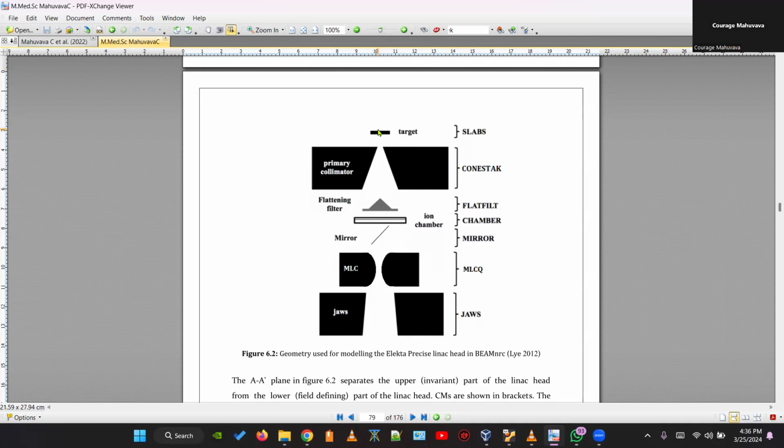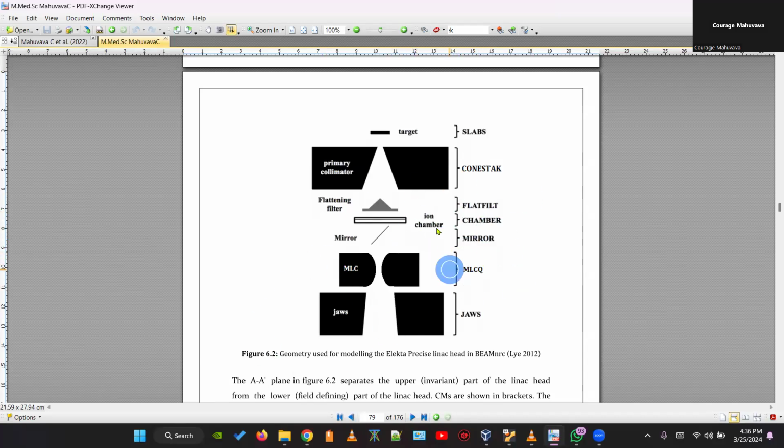So this is like the schematic representation of a linear accelerator, right? So the beam comes through, an electron beam hits the target, you get X-rays. It's collimated a little bit by these primary collimators, passes through all these. At the flattening filter, it's flattened into a uniform profile, through the ion chamber and through all these components. So this is what we are modeling with BEAMnrc.